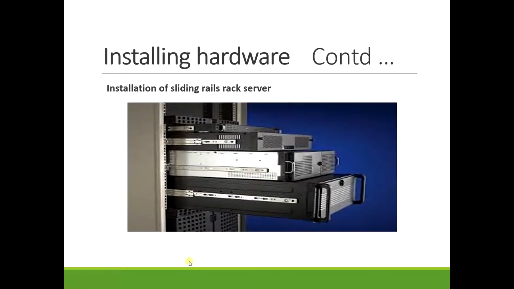Now we have looked into how the hardware installation is done for the computer, but we also need to look into how the hardware installation will be done in the server rooms. So for server rooms, we make use of the vertical rack capacity, which will be measured in rack mountable units.